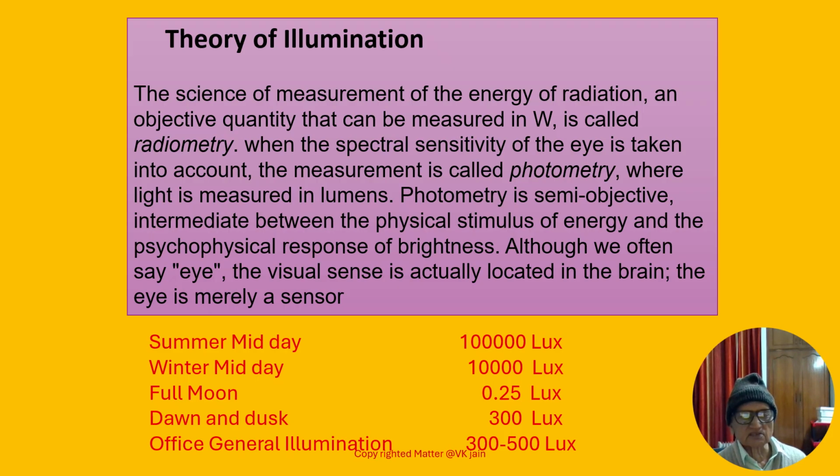Photometry is semi-objective, intermediate between the physical stimulus of energy and the psychological response of brightness. Although we often say eye, the visual sense is actually located in the brain.